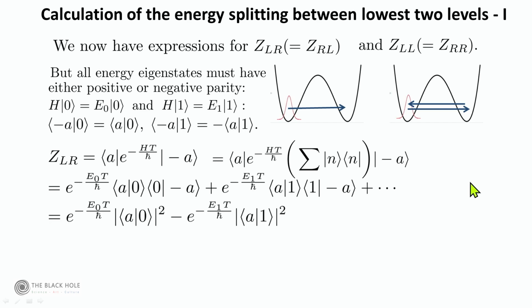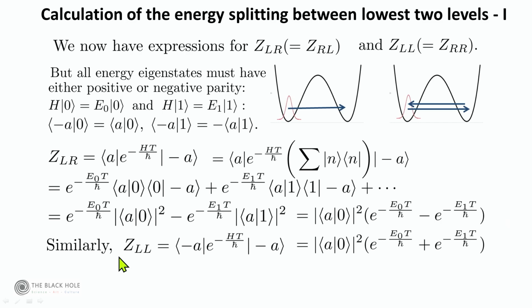Okay, so now what we have is this thing being A0 squared and this thing being this over here, magnitude squared. But this and this are normalized to the same values, which means that I can write Z_LR as this thing.